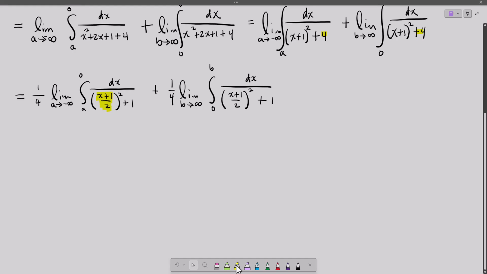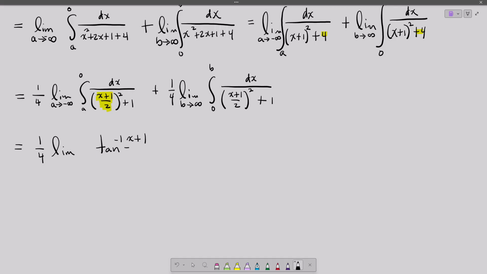So this will be 1/4 limit as a goes to negative infinity, inverse tangent of x plus 1 over 2, basic inverse tan of whatever's in here. But then the reverse chain rule piece kicks in, so we have arctan of that quantity, and what's going to go in front is our coefficient: 2, divide by 1/2, so multiply by 2.